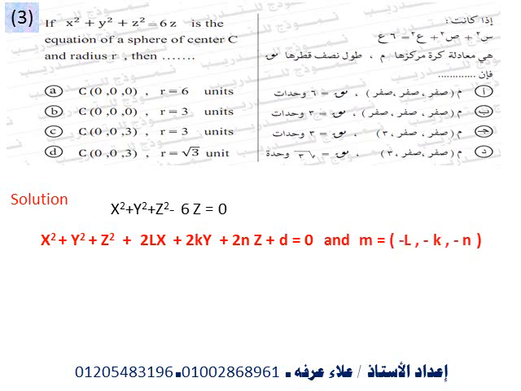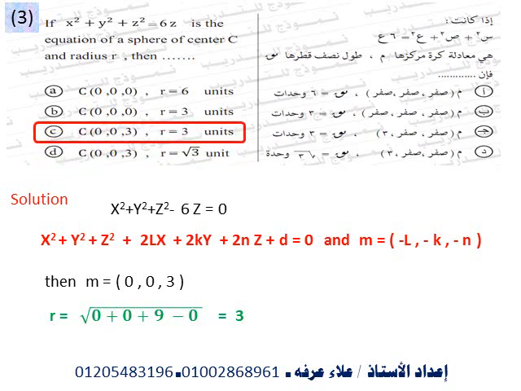We can get the center equals (0, 0, 3) and radius equals root of 0 plus 0 plus 9 minus 0 equals 3. We can choose C (0, 0, 3) and r equals 3 units.